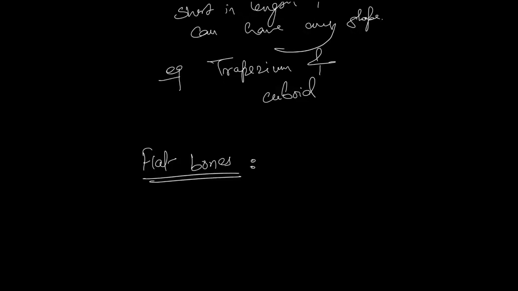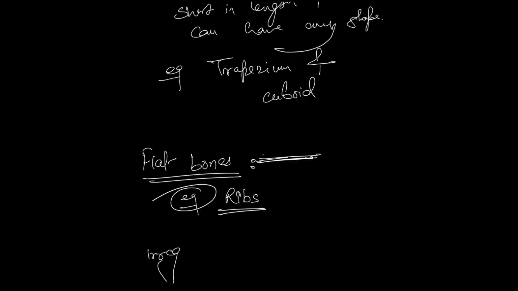Then we'll come to the next class, flat bones. They appear flat. Simply they are flat. Example, the simplest bone which forms over the rib cage. What is that? Ribs.